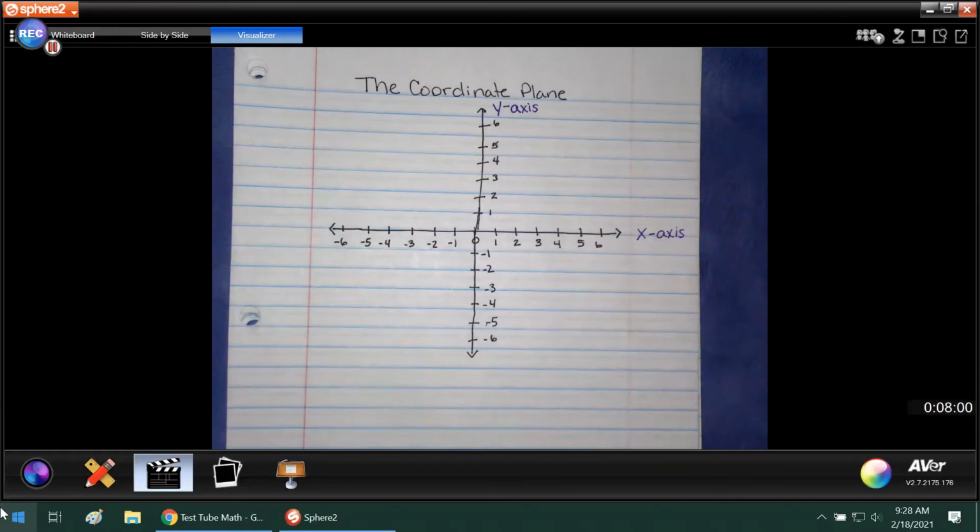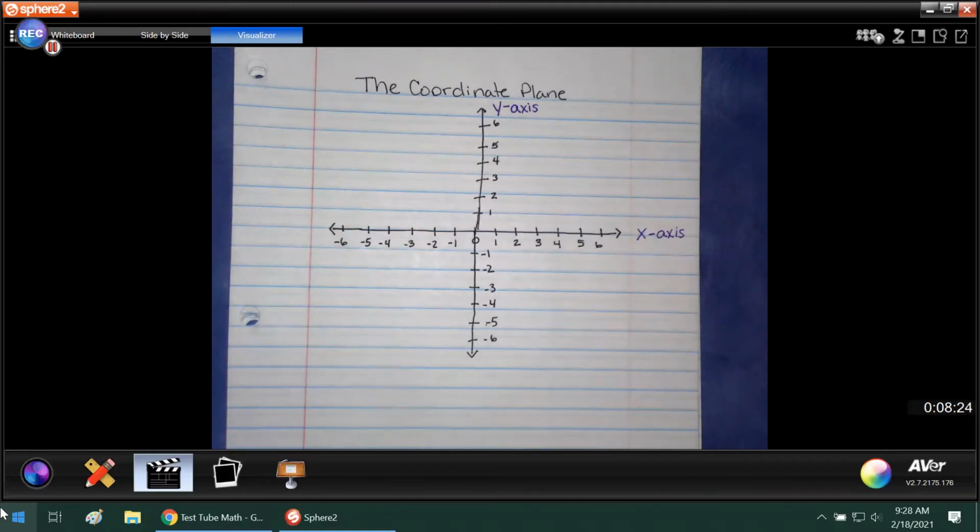All right, so let's look at this coordinate plane. Bear in mind that if you have graph paper, you can practice with graph paper at home. If you were in class, I would probably be handing out your graph paper to work on this, but we're not in class and I want this in your notebook anyway. So this example is going to be in your notebook and it should be on notebook paper.